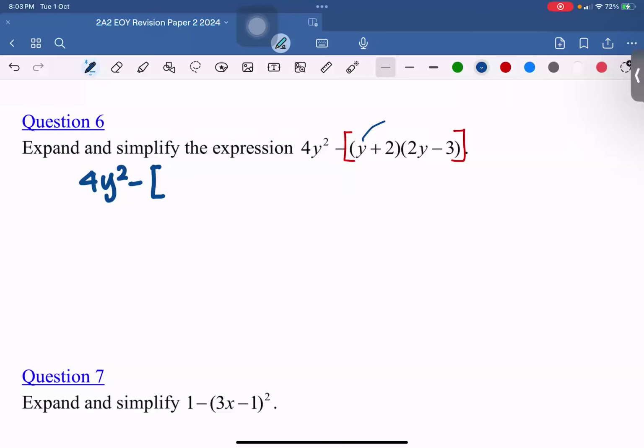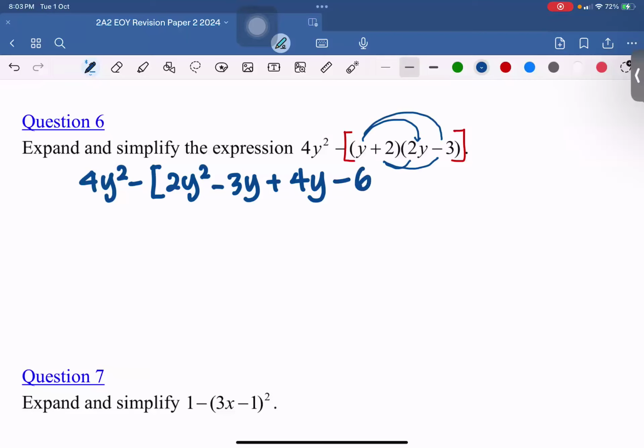So this one expanding, y times 2y gives me 2y squared. Then y times -3, minus 3y. Then 2 times 2y, so plus 4y. 2 times -3, minus 6.